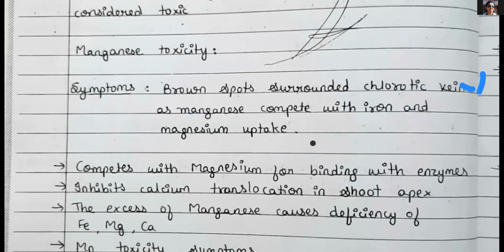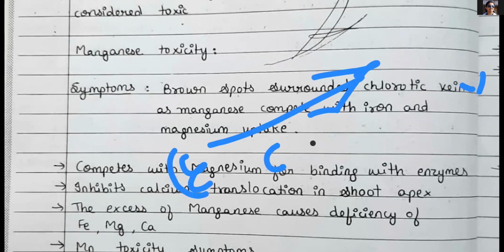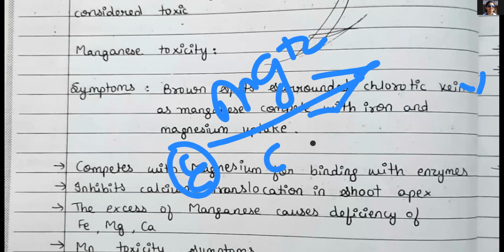Now, manganese even competes with magnesium to bind with the enzyme. There is an enzyme whose activator is magnesium. So where magnesium should be, what will bind there?